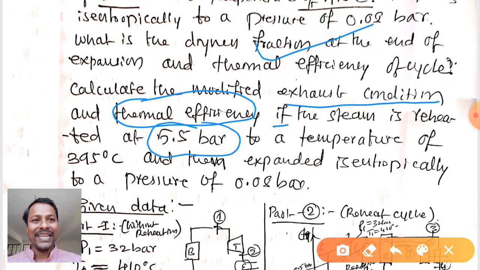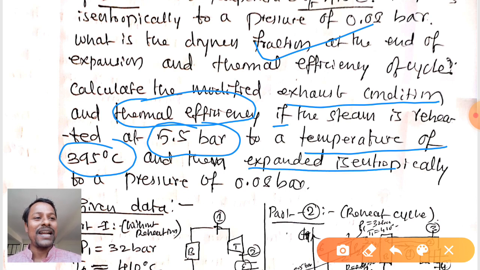So we need to reheat the steam. And again he mentions the temperature up to which he is reheating it: 395 degrees Celsius. After reheating, he is sending the steam again into the turbine and allowing it to expand isentropically to a pressure of 0.08 bar.